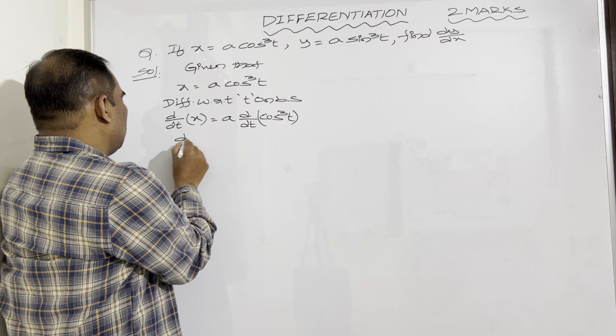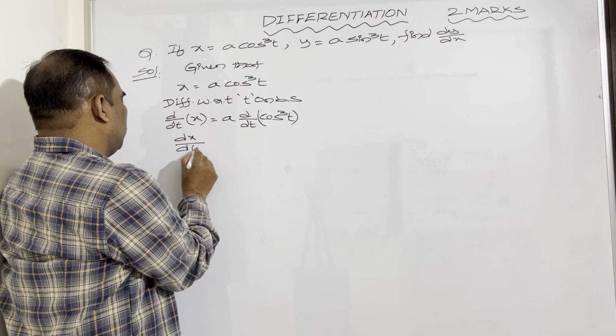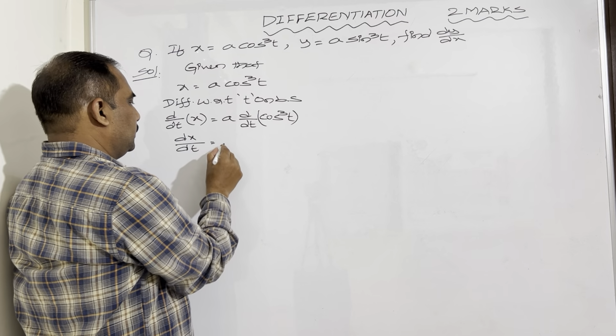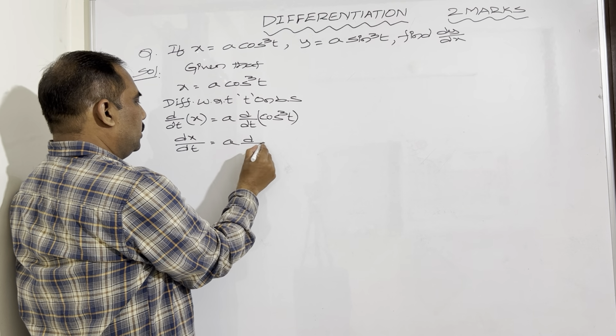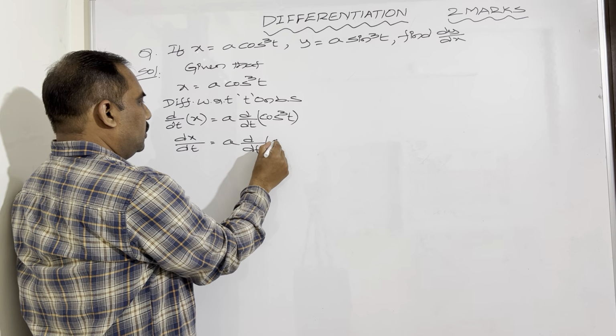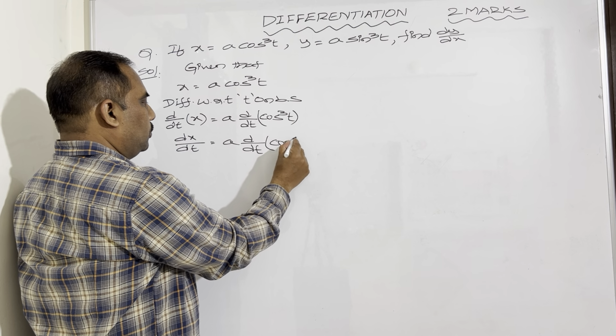So now dx by dt is equal to a into d by dt of cos t whole cube.